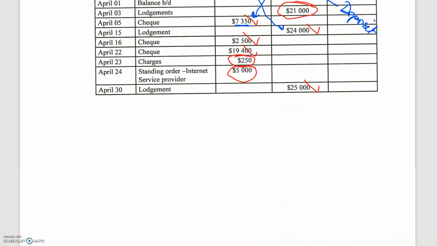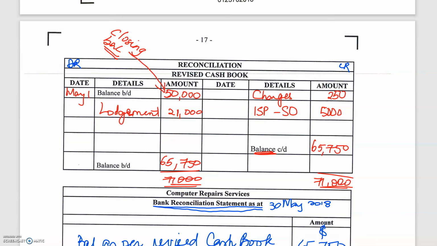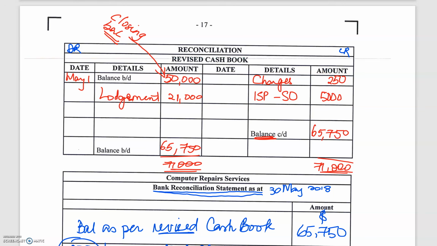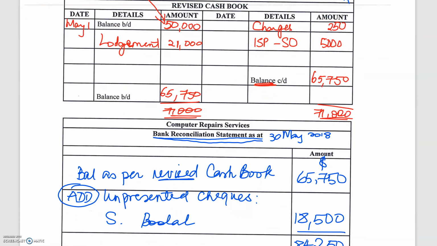So we start with our balance as per revised cash book, which is $65,750. We add unpresented checks.